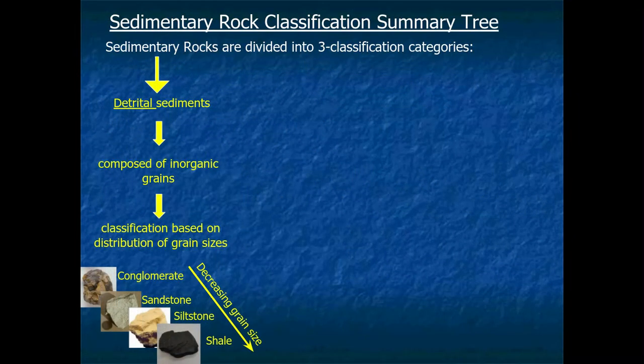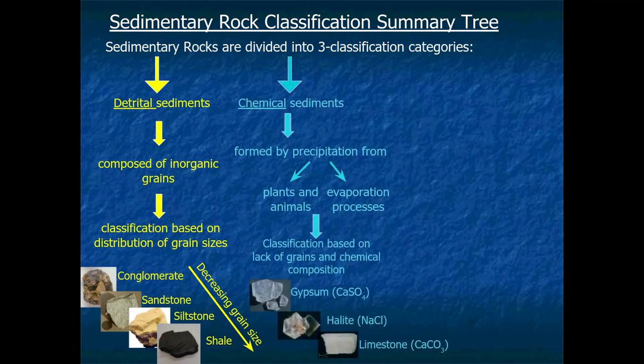The first category we looked at were detrital sediments. If you follow the arrows, they're composed of inorganic grains, with classification based on inorganic grain size, decreasing grain size. There you see conglomerate, sandstone, siltstone, and shale. Then we have our chemical sediments, again following the arrows downward, formed by precipitation, either from plants and animals or evaporational processes.